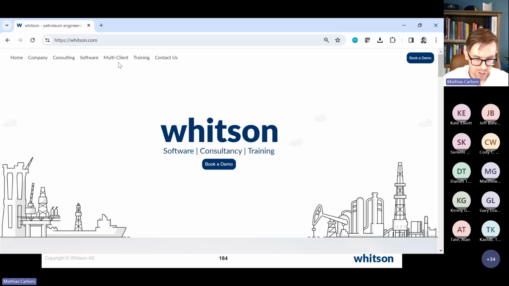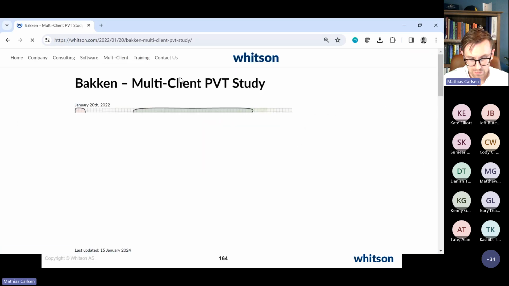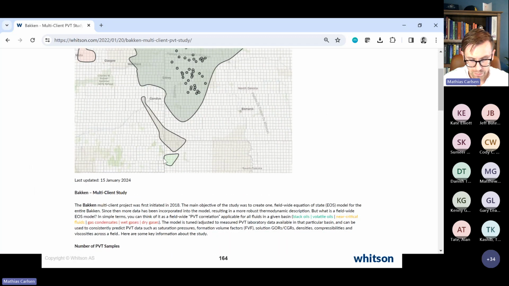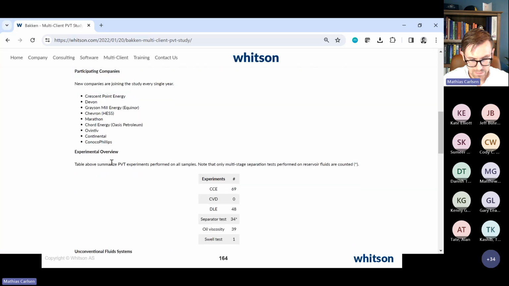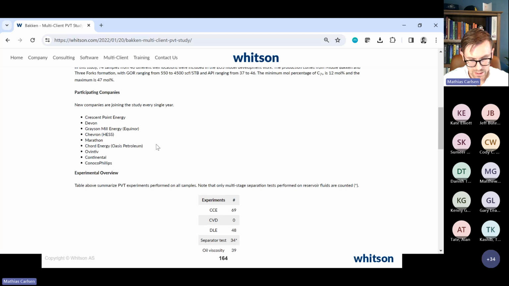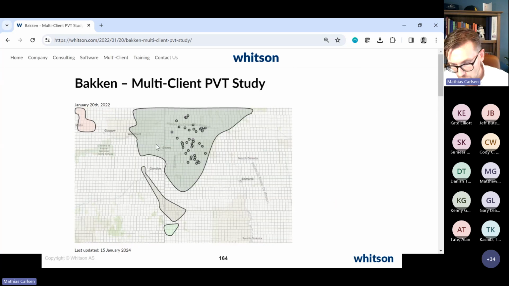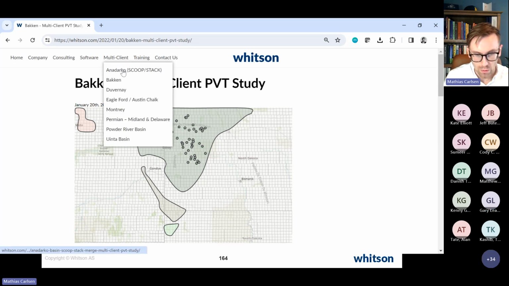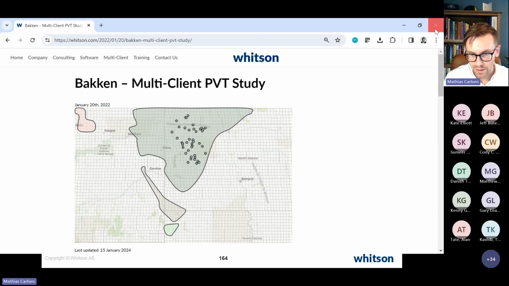All these studies right here will have dedicated information and deliverables associated with them. So if you want to know it for the Bakken, for instance, just send me an email and I'll make sure to send you all that information, all the data that was included in the study, etc. They will be different for the Bakken, and different for the Anadarko Basin, etc.